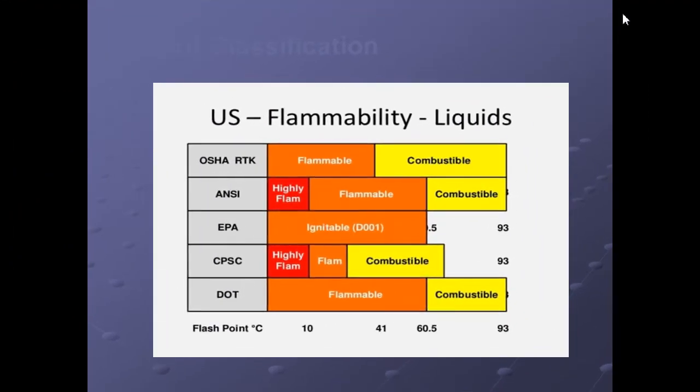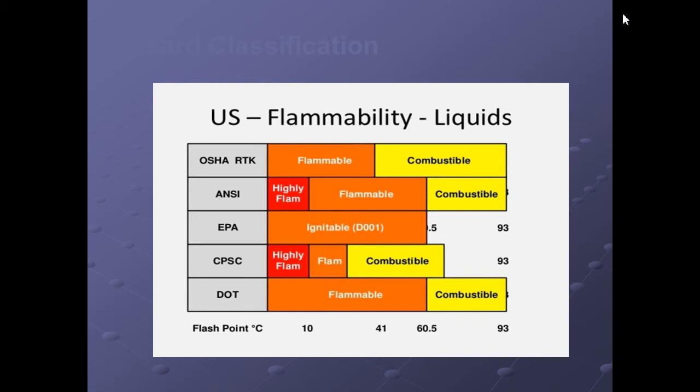Here's the U.S. flammable liquid scale. It's all in C, which is Celsius, and from left to right is your degrees of Celsius. Something with a flash point in the 0 to 1 degrees Celsius range is highly flammable, meaning it doesn't take much to get it to ignite.